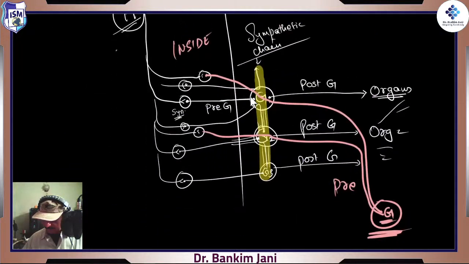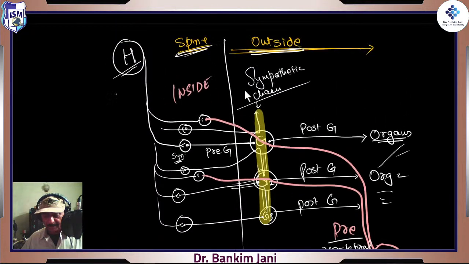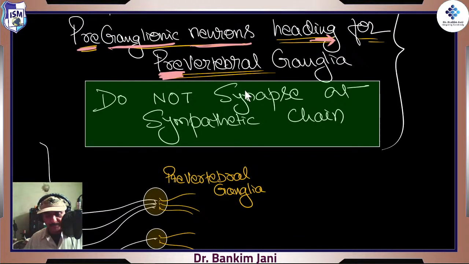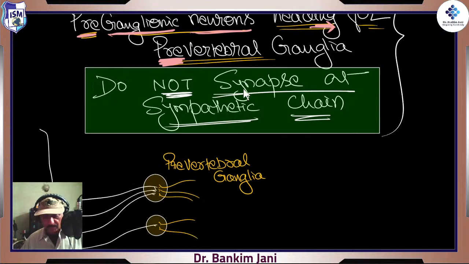The name of these ganglia, these special ganglia, is prevertebral. They are prevertebral ganglia. These prevertebral ganglia will be receiving those fibers which will not synapse at the sympathetic chain. That's what we drew, right?